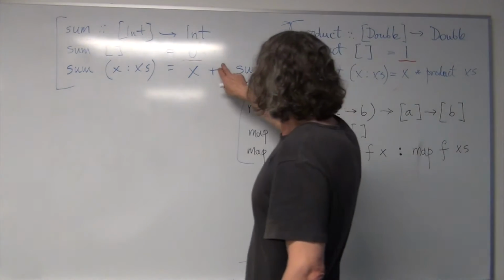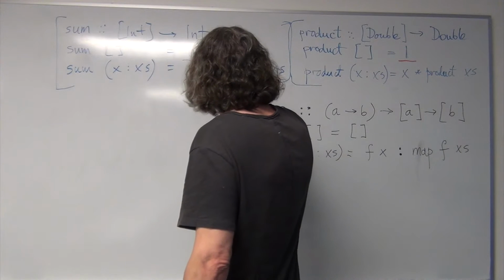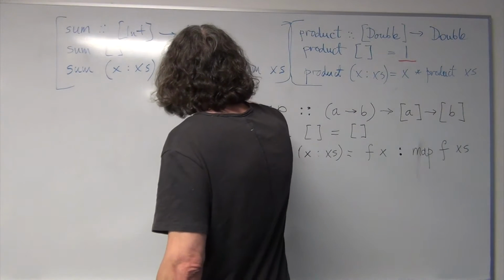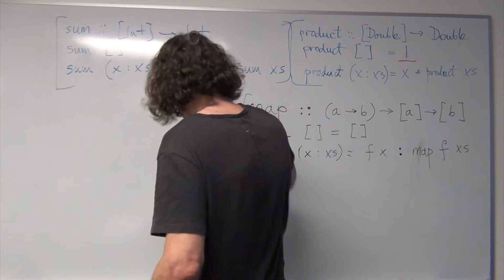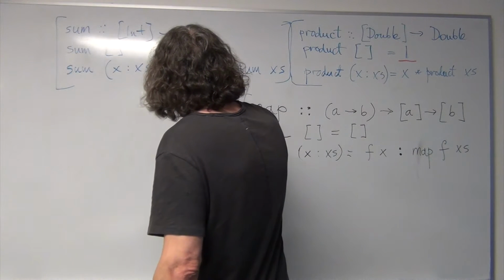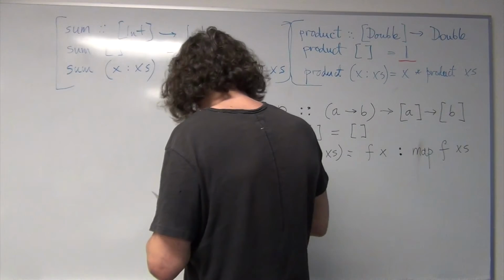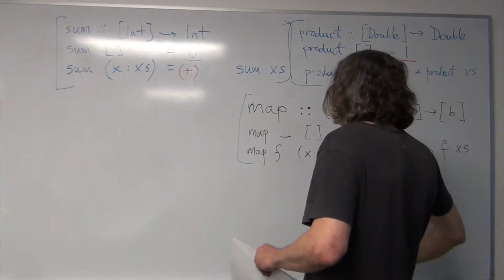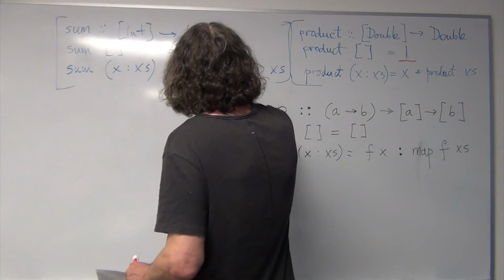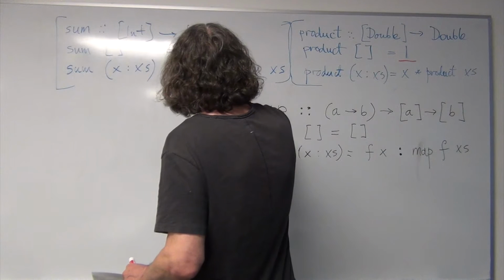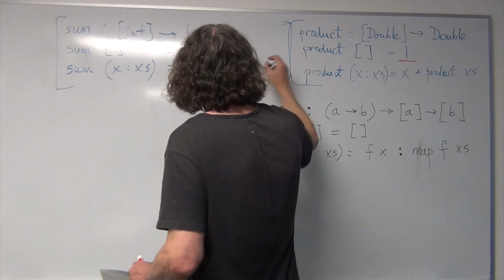Right? Oh, and let me write this plus not in the infix notation, but as a function, right? Because this is all functions. So it's a function plus of x and some xs.